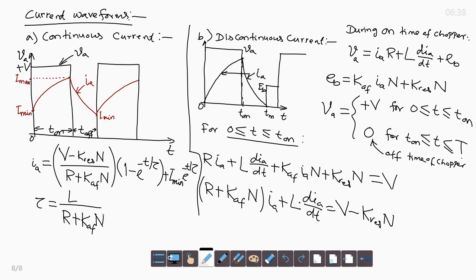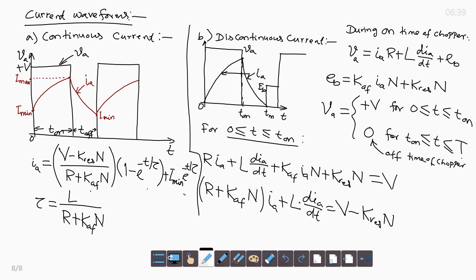So this is the expression for the armature current, and in this expression you see on the right hand side, this term is the steady state current, this term is the exponential increase, and the last term is the initial current, which decays exponentially because the initial term is a transient value and there is no voltage to support it.